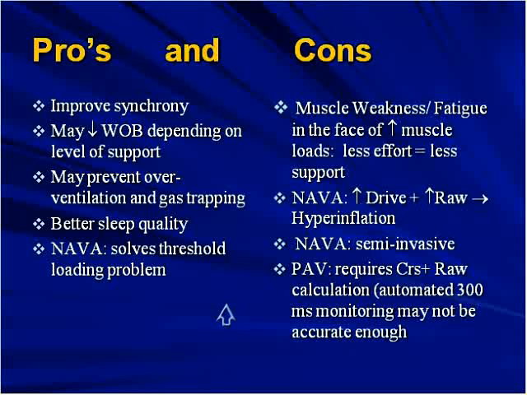Keeping in mind that what's triggering the ventilator and the ventilator output is the muscle contraction or the neural input to the muscles, and as that becomes heightened, the ventilator output becomes heightened. It's also semi-invasive. You have to stick an esophageal electrode down. So I think it has limited application. PAV requires calculation of resistance and compliance. There is an automated calculation. However, we're not really sure if that would be accurate enough.